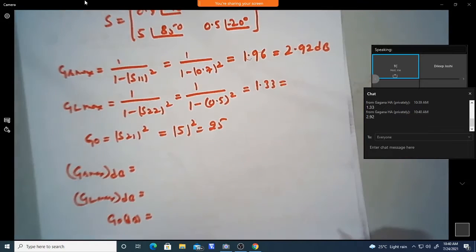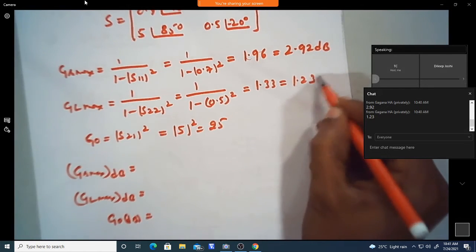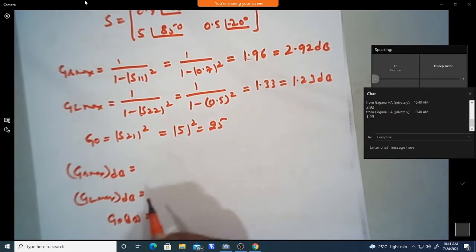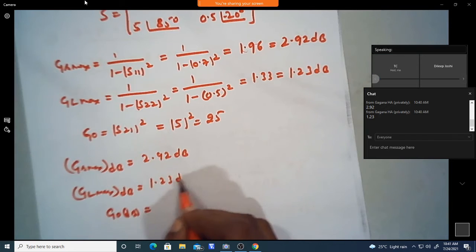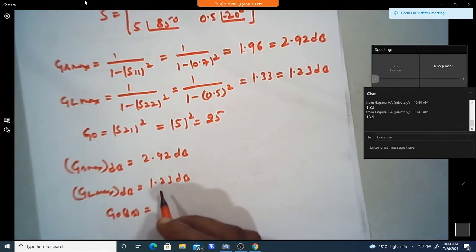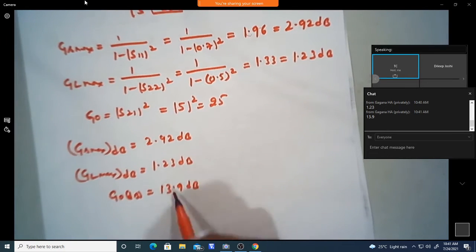Similarly this one is 1.23 dB. So now this one is 13.9 dB. So now these are all the values which we obtained.